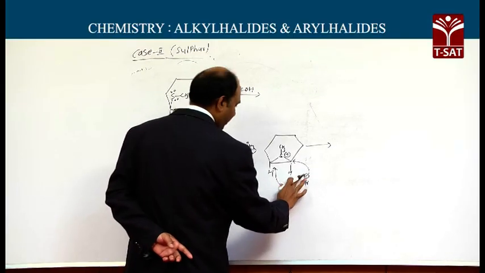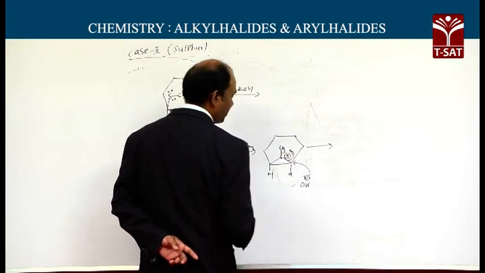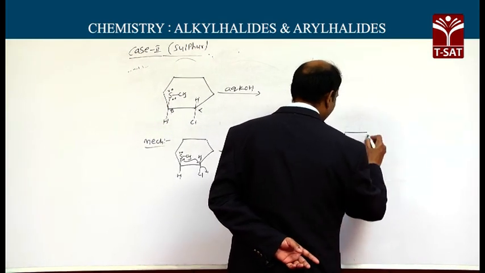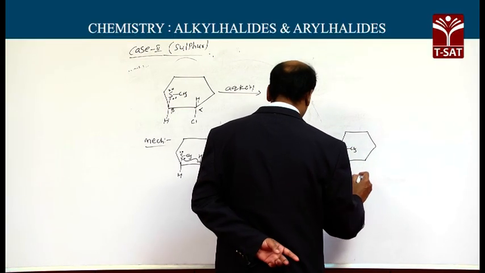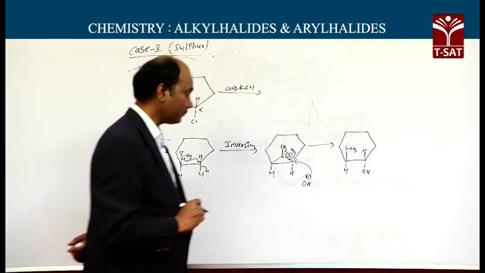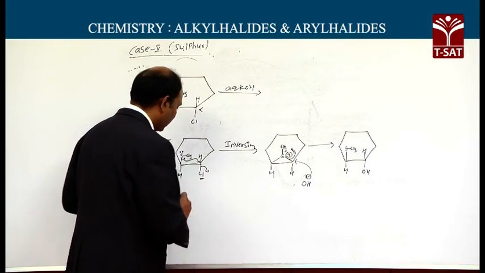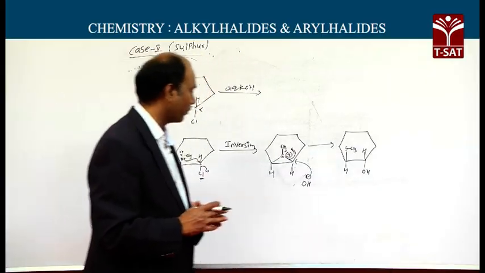Suppose it is attacked here, this ring undergoes cleavage. So what we get here is H, SCH3, here H, here OH. Again Cl is present below the plane, and here OH is also present below the plane.